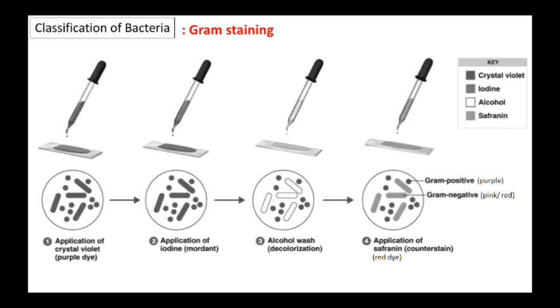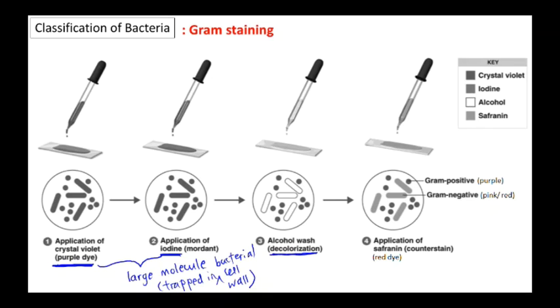First, we need to put a purple dye. After putting a purple dye, we will put iodine. The combination of the purple dye and the iodine will form a large compound that can be trapped in the bacterial cell wall. And then we put decolorizer, which is alcohol.